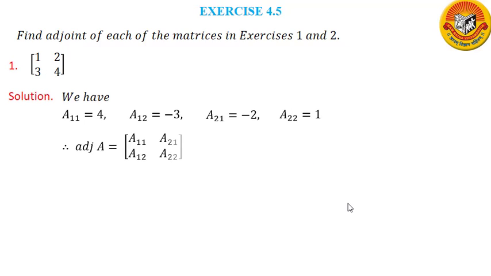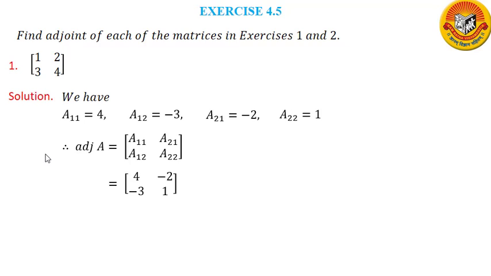So adjoint of A is a11, a21, a12, a22. I will put the respective values and I will get 4 minus 2 minus 3 1. Now you can see here that by shortcut method I can interchange this diagonal element, that is 1 4, so it is 4 1, and I will change the sign of remaining elements, that is 2 and 3, so their sign is minus 2 minus 3.